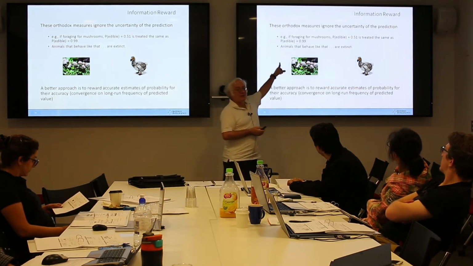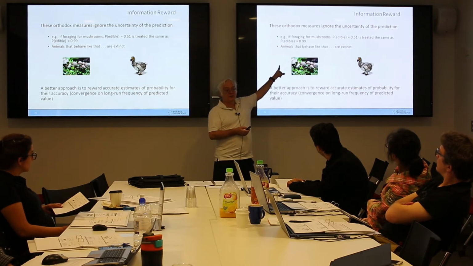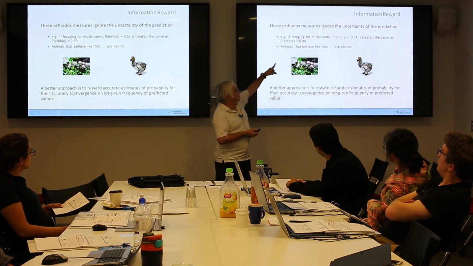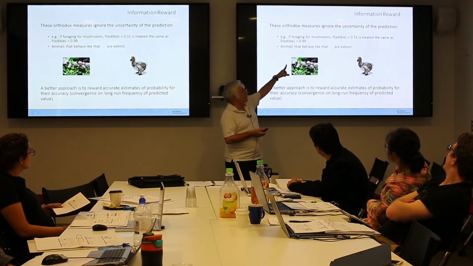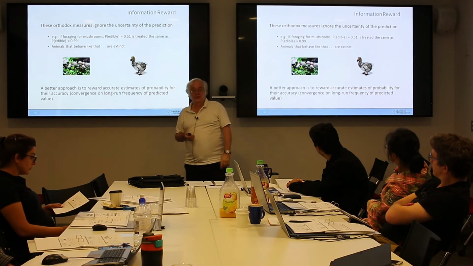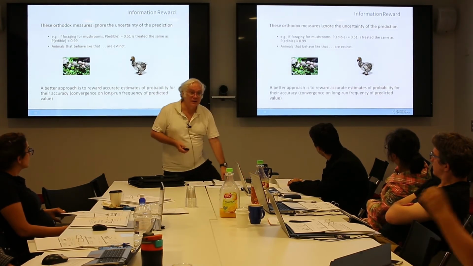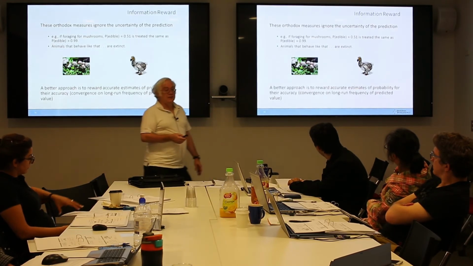In particular, what's missing in predictive accuracy is a measurement of miscalibration. If your probability predictions of 0.6 and 0.7 are just as good or just as bad as 0.9 or 0.99, then you've got a problem. And predictive accuracy is never going to tell you about that.